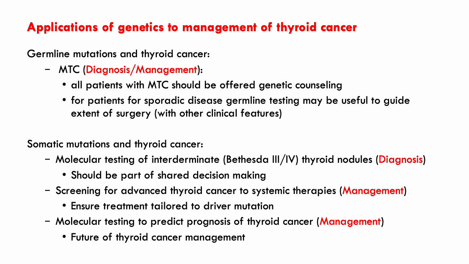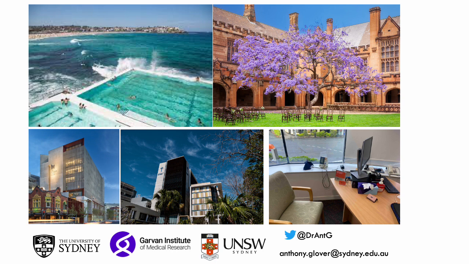For some patients, it may mean that they can avoid an operation. Testing of somatic mutations also should be considered for advanced thyroid cancer to guide systemic therapy, and in the future there will be a role to predict prognosis of thyroid cancer.